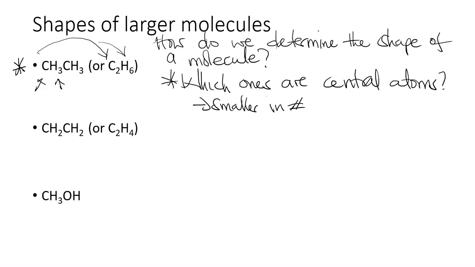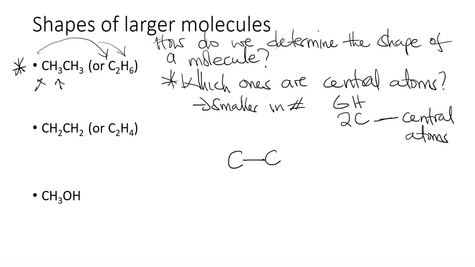For example, we have 6 hydrogens and only 2 carbons. So it tells us the carbons are central atoms. So we can put our central atoms together. This one is a central atom. This one is another central atom.